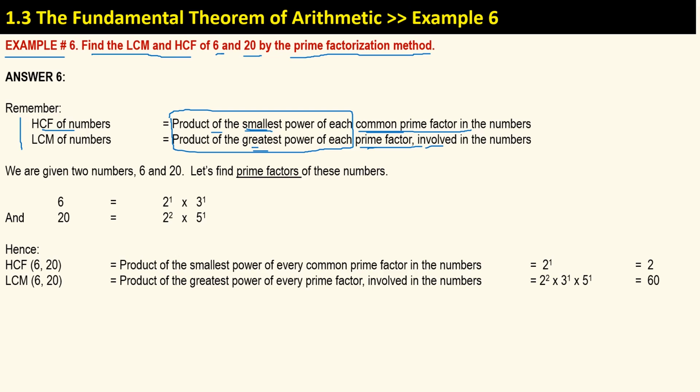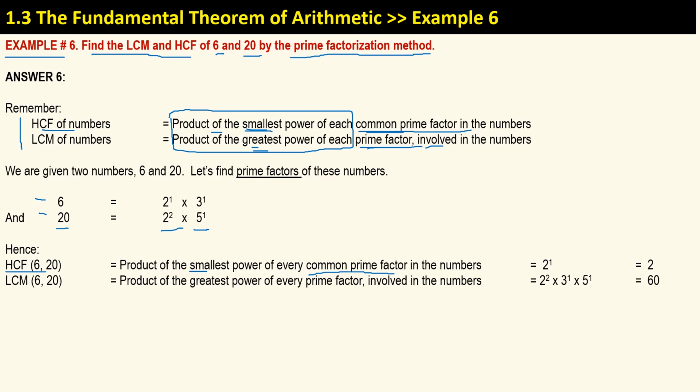But let's get to solving and finding the HCF and LCM of numbers 6 and 20. If we factorize 6, it is equal to 2 raised to power 1 multiplied by 3 raised to power 1, and 20 is equal to 2 raised to power 2 multiplied by 5 raised to power 1. Hence the HCF is the smallest power of every common prime factor.